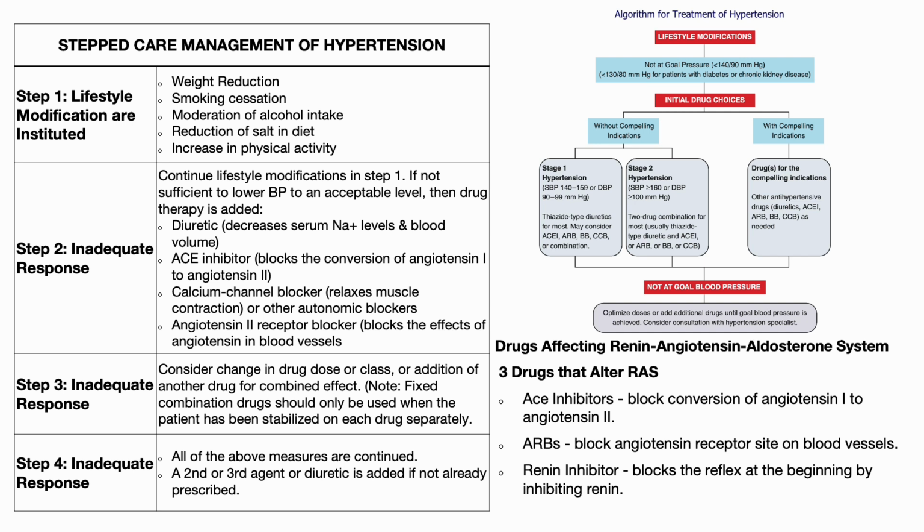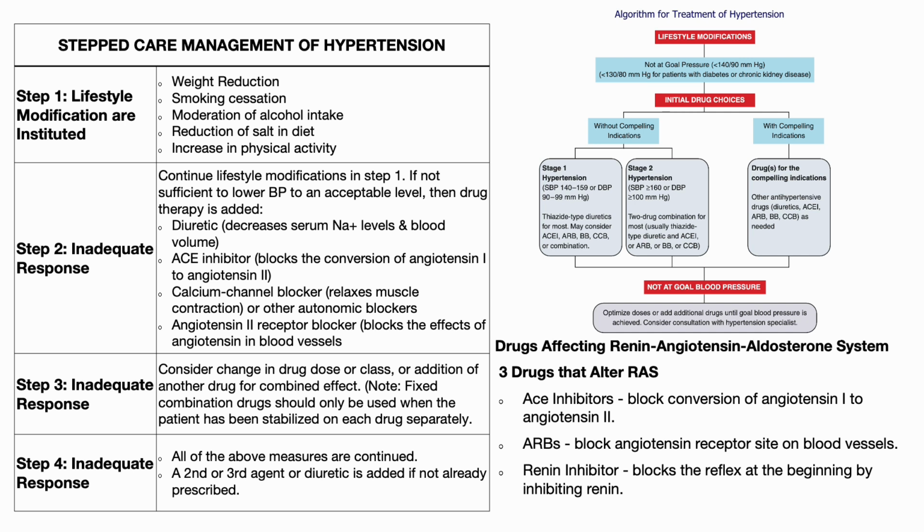If we have inadequate response to step 1, that's the time we proceed to step 2. But we have to continue the lifestyle modifications in step 1, and still, if the BP is not acceptable, then drug therapy will be added.